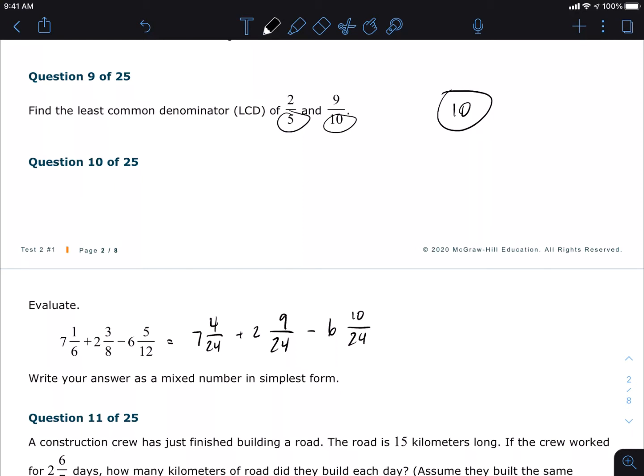And now I need a calculator because I don't want to multiply those all out in my head.